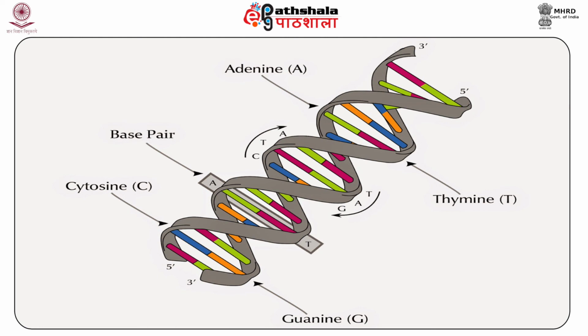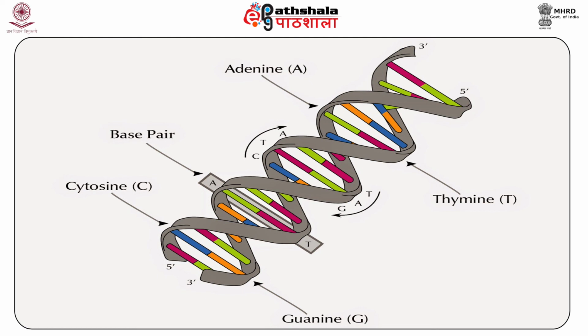It is similar to the manner in which alphabets of English come together in a particular sequence to form a word. This sequence is read by the cell machinery and converted into amino acids, which are the building blocks of proteins, and these proteins further form the building blocks of living systems.